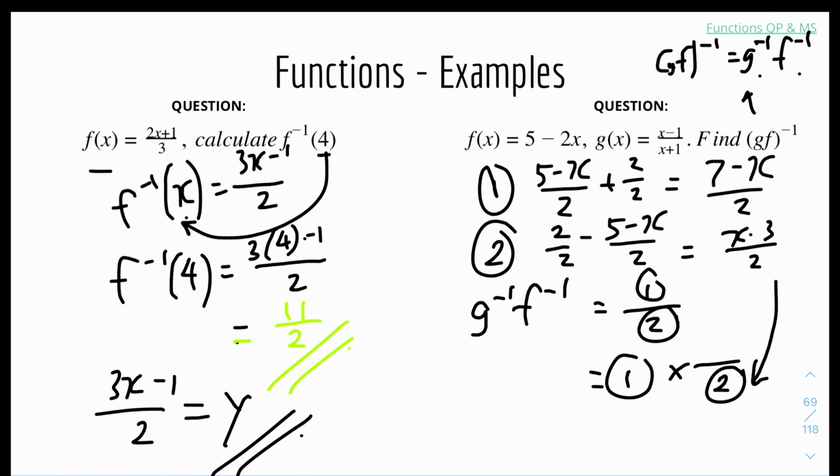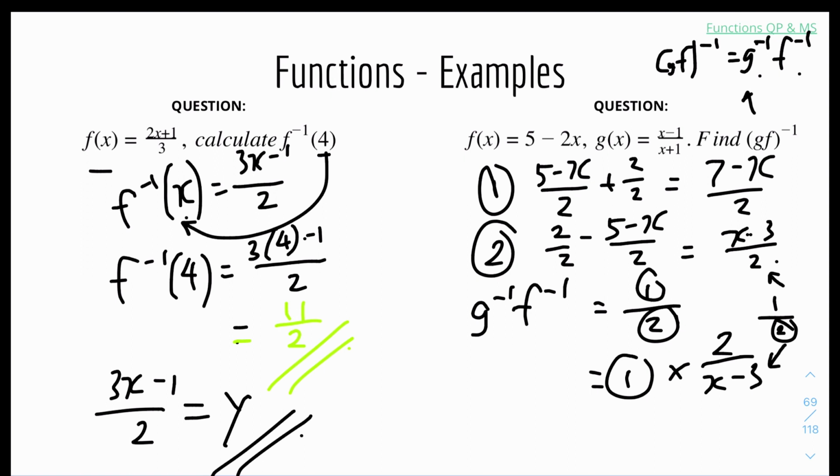So what I mean is that as we have something like 1 over (x minus 3) over 2, we can flip this fraction to become 2 over (x minus 3).